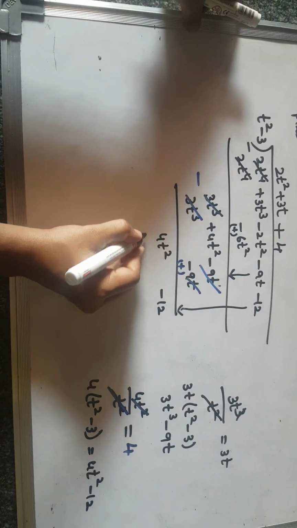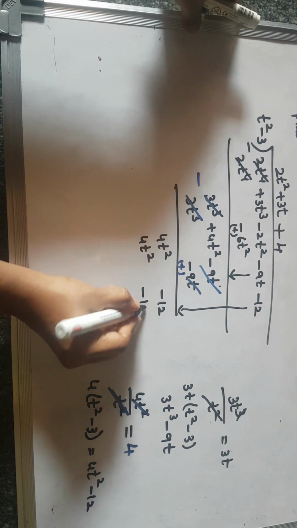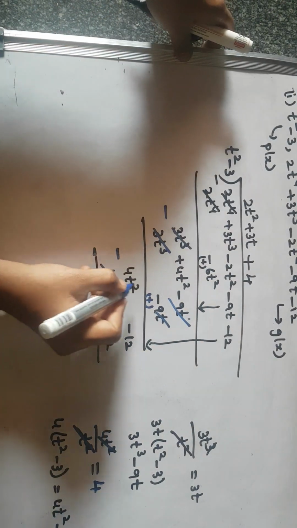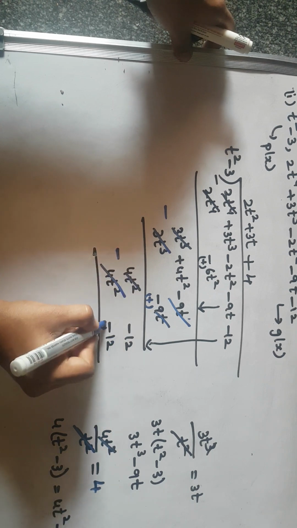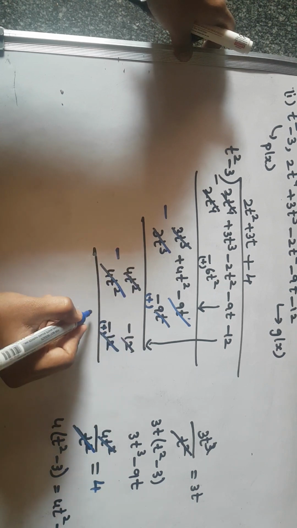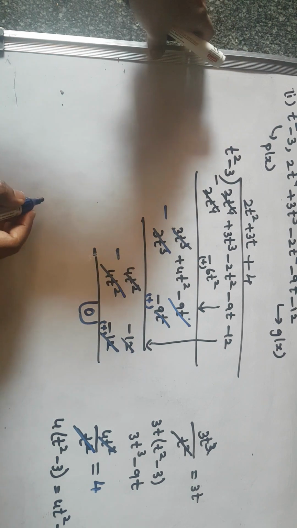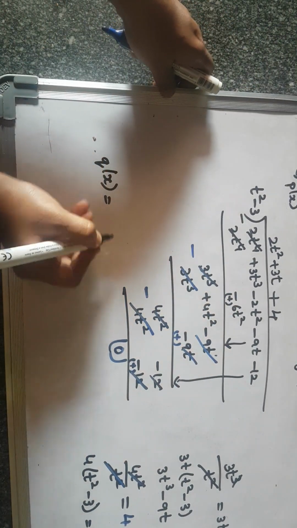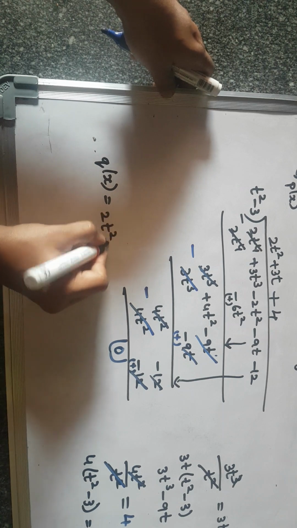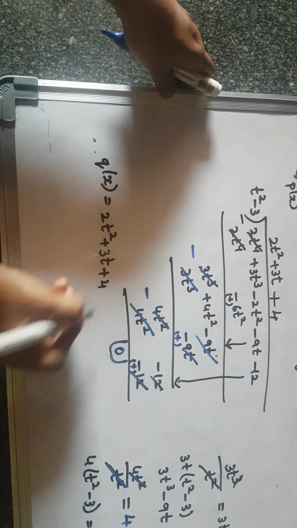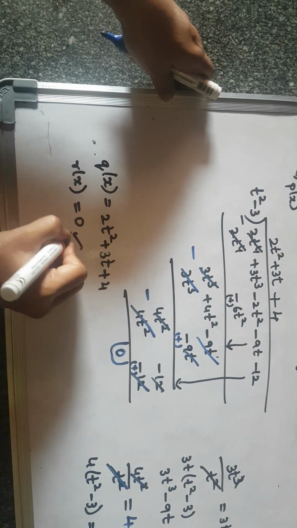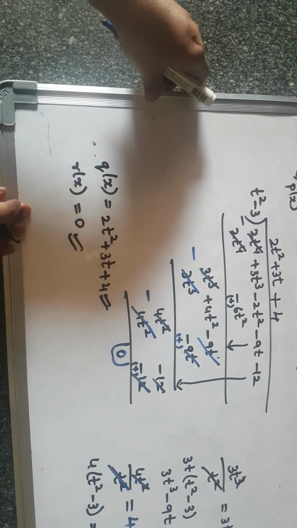Now write here 4t square minus 12. Now subtract, this gets cancelled, minus into minus becomes plus, and these values also get cancelled, becoming 0. What we got: q of x is 2t square plus 3t plus 4, and r of x is 0. This is the required answer that we got.